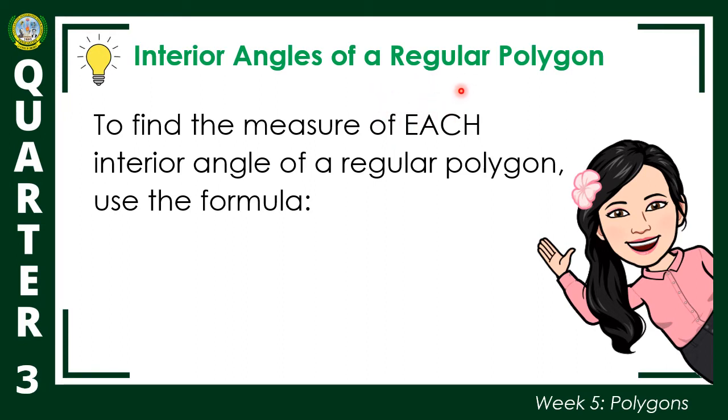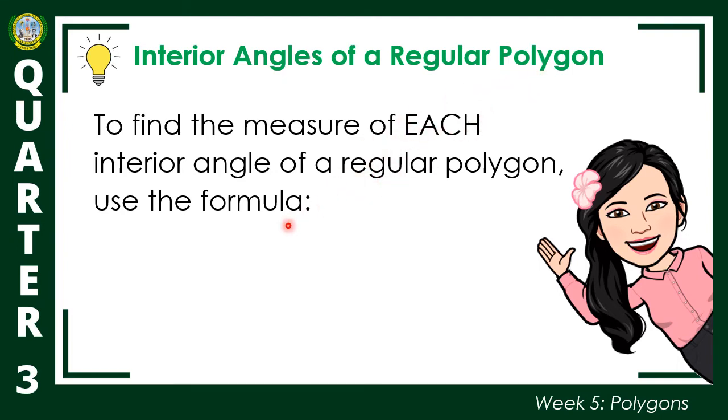And since we are talking about a regular polygon here, and we know that the angles of a regular polygon are all equal to each other, that means that sum will be divided equally into how many angles there are in that polygon. Okay?